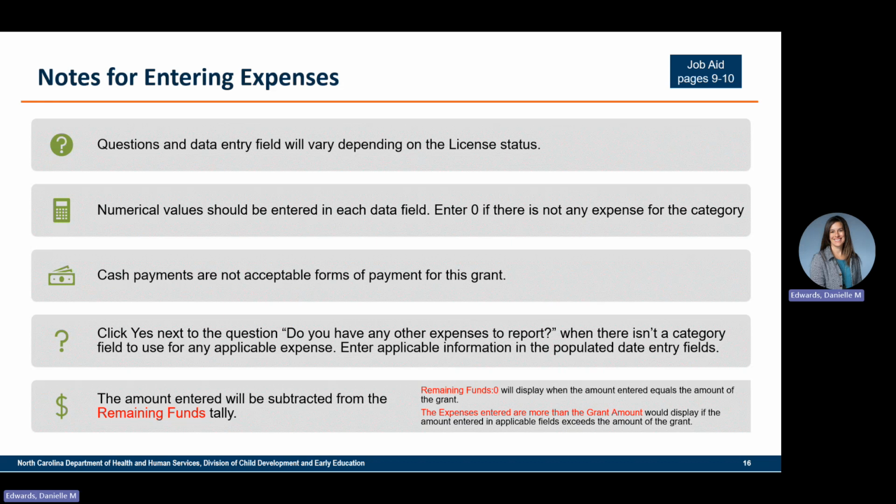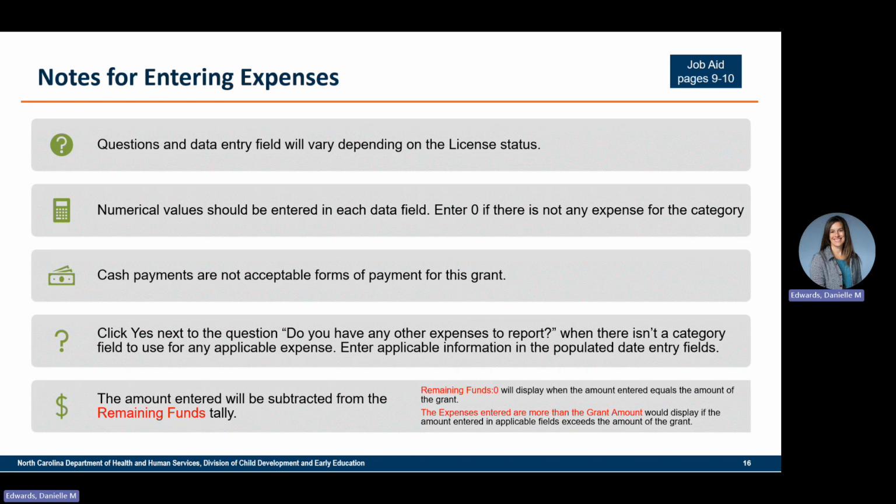Cash payments are not acceptable forms of payment for this grant. Click yes to the question, do you have any other expenses to report, when there isn't a category field for your applicable expense. And you will enter the information in the data entry field that matches with your expense category.